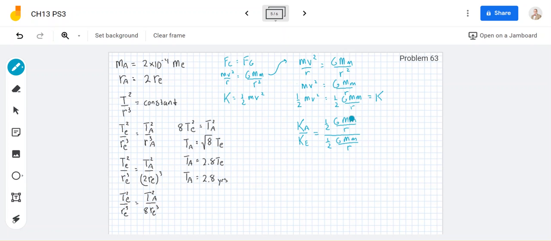So in each of these cases, this big M is the mass of the sun, because they're both orbiting around the sun. So this is the mass of the asteroid, this one's the mass of the Earth, this is the radius of the asteroid, this is the radius of the Earth. And we get a whole bunch of stuff to cancel. The halves go away, the G's go away, the big M's go away.